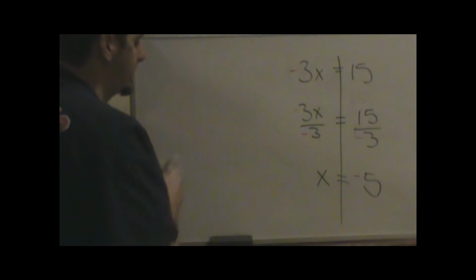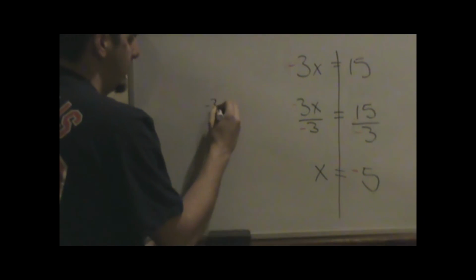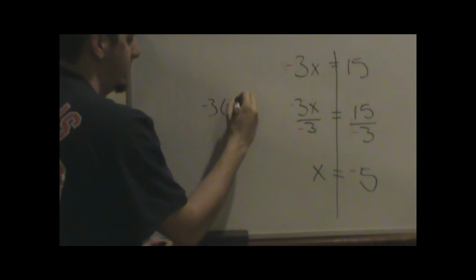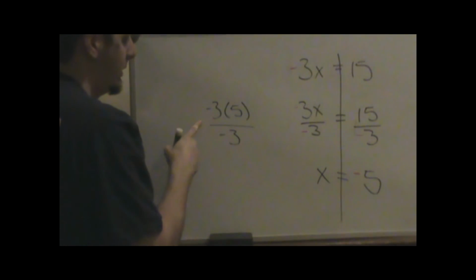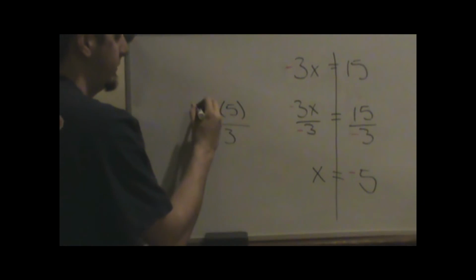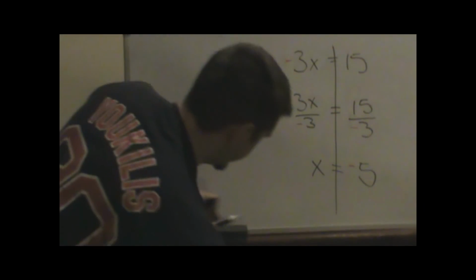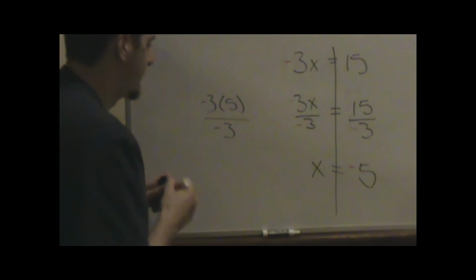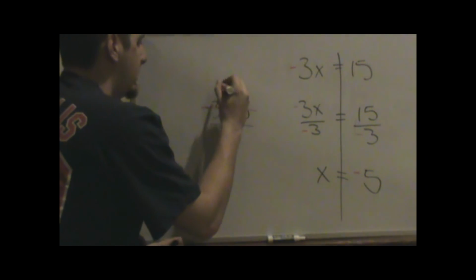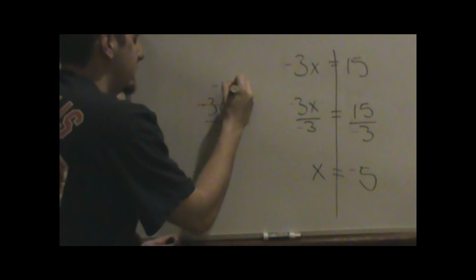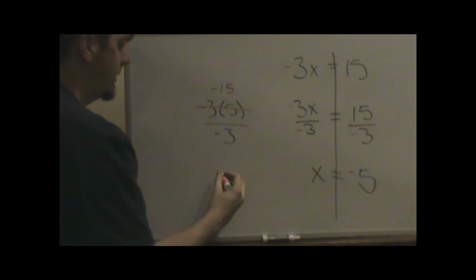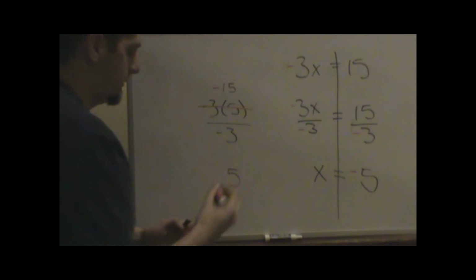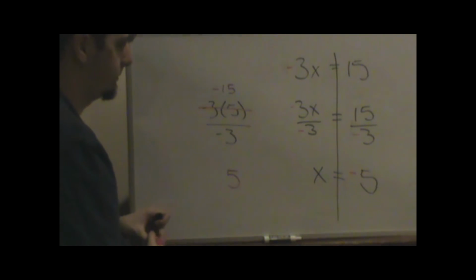Just to show you that, negative 3 times 5 over negative 3. Negative 3 times 5 gets you negative 15. Negative 15 divided by negative 3 gets you a positive, which is what we want.